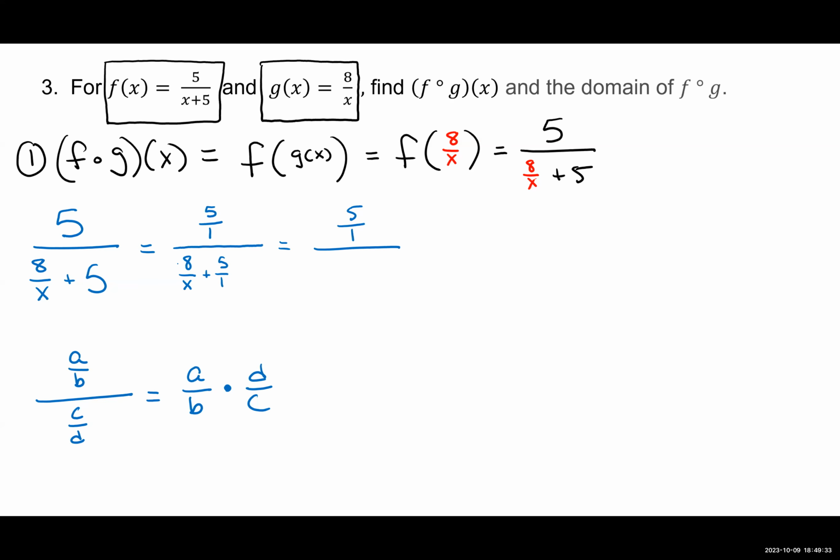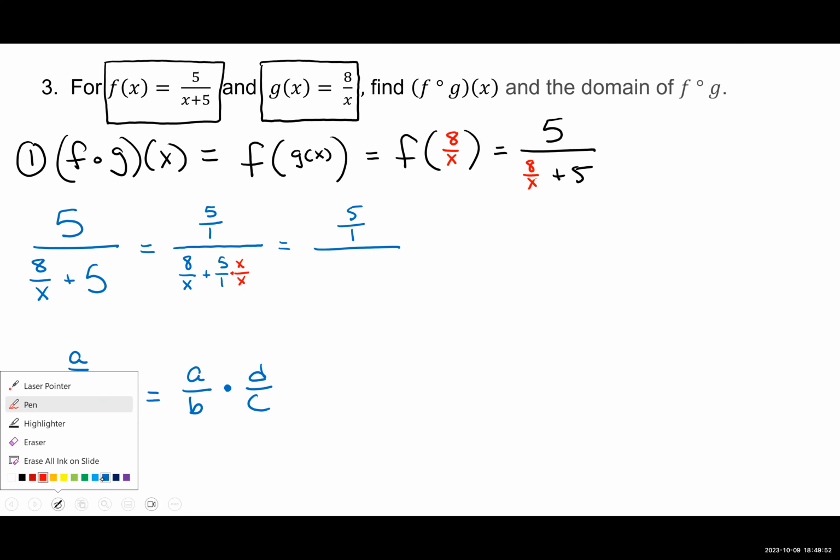Now you just have to combine these two fractions on the bottom into one fraction, and you can't do that because they don't have the same denominator, so you can't add yet. You need a common denominator, so we could take this second fraction and multiply by x over x. What we're doing here is getting a common denominator between those two fractions on the bottom.